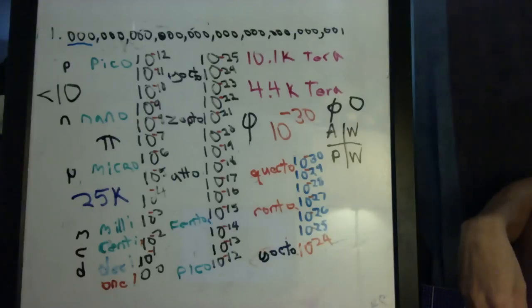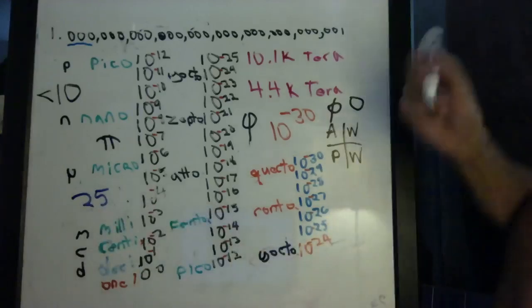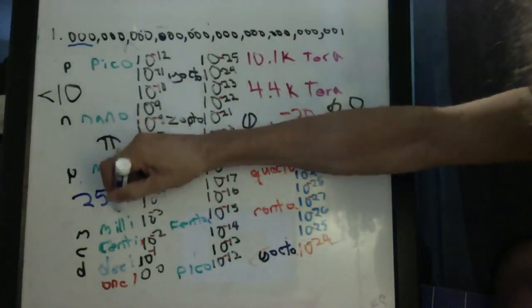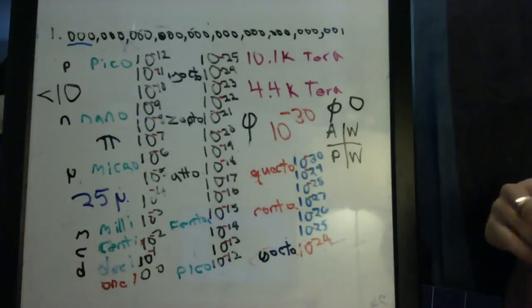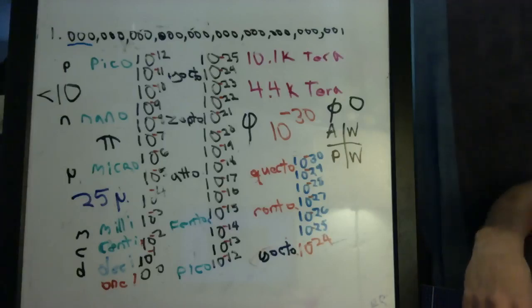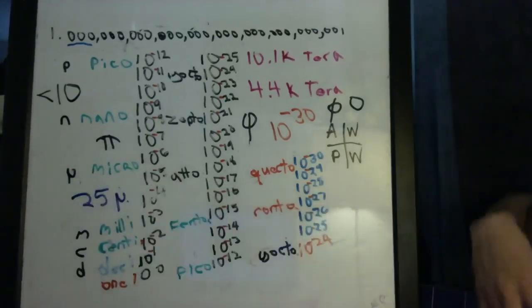If I put 25 and I do this, that's 25 micrometers. Generally, we'd be talking about length. But it's 25, and that just means times 10 to the negative sixth.